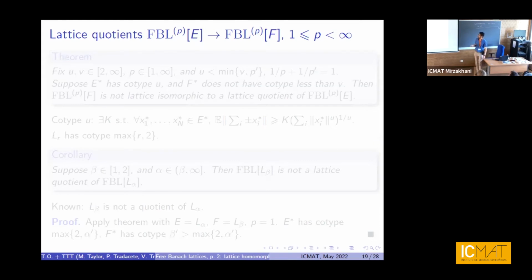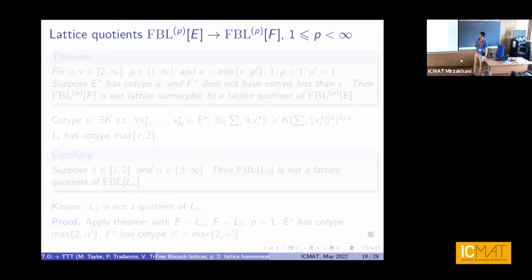Here my question is, under what conditions the p-free Banach lattices on E and on F are different.